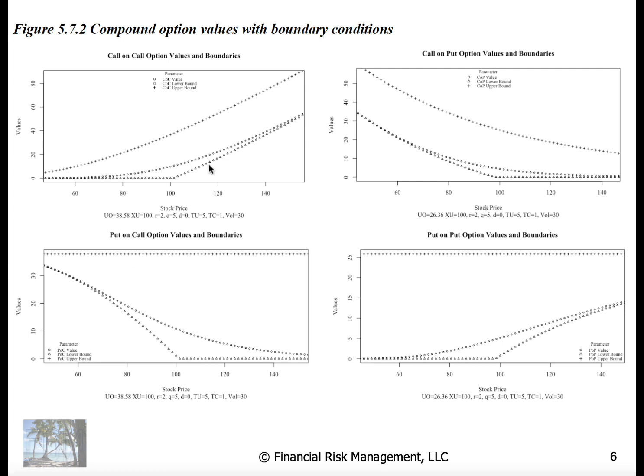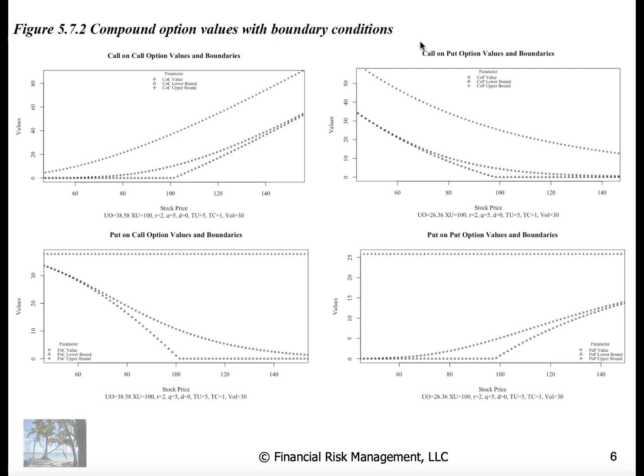And the upper and lower boundary conditions can be derived. The valuation model presented here looks similar, but if you'll notice, the upper bound is not linear. The lower bound, sometimes it's not linear and has different convexities.